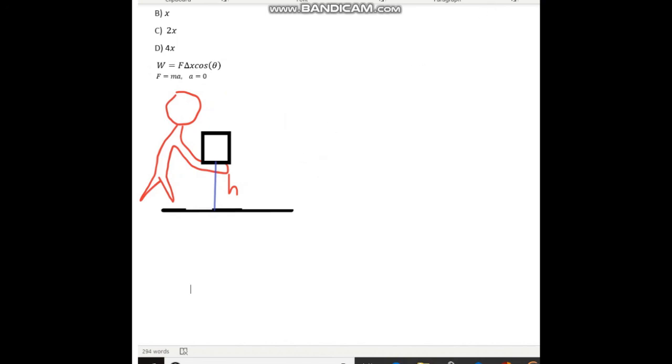Let me try to draw something, maybe you can understand it better. So I'm trying to say that you have something like this object. So this object is falling from a certain height to the ground.